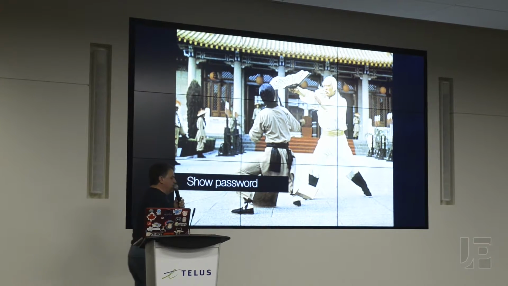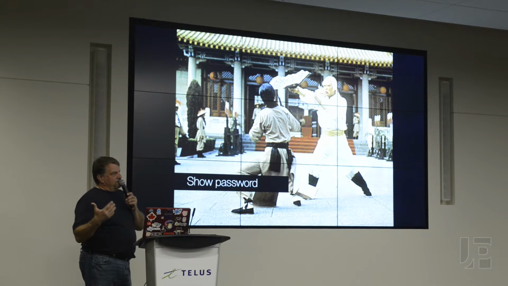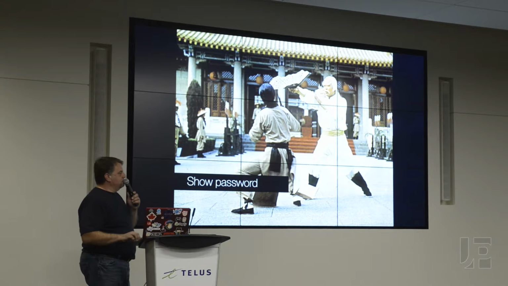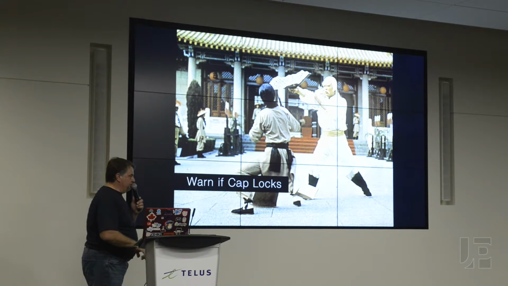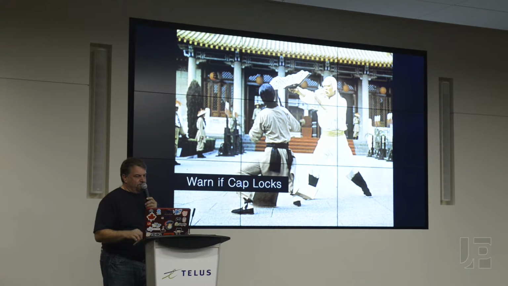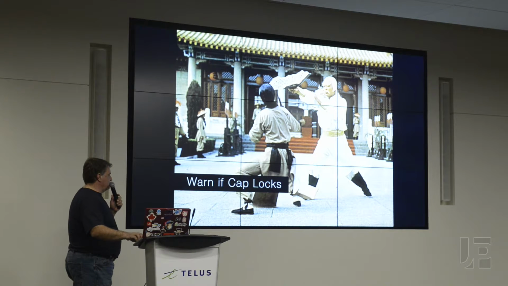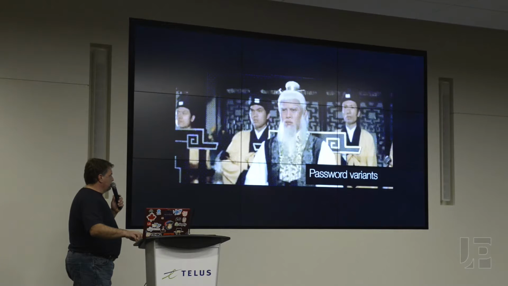Other things: if they've tried to log in a few times, give them the option to see their password. Simply let them see it. The other is to warn them if caps lock is on. Very basic programming parts of UX for passwords.